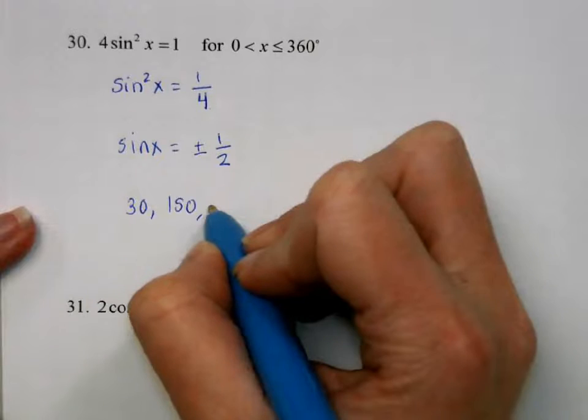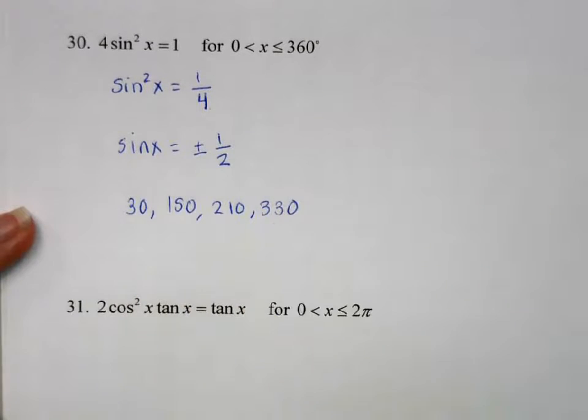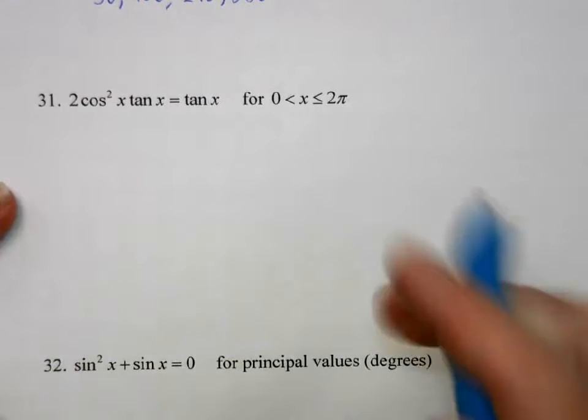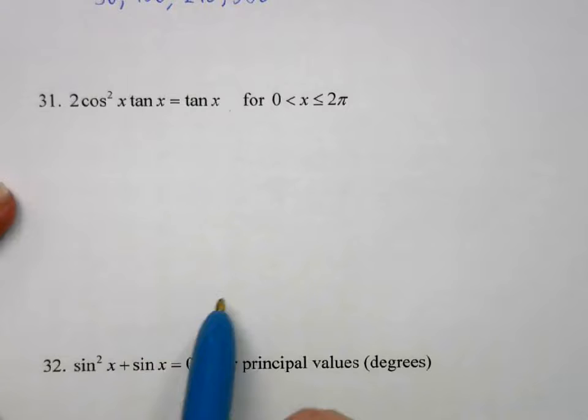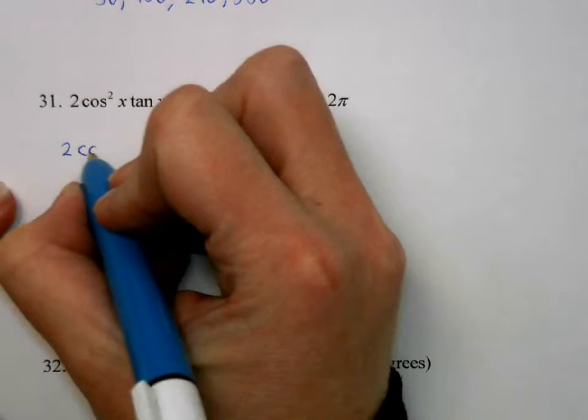For this one, you may be tempted to divide both sides by tangent, but that will potentially remove answers. So I'm going to go ahead and subtract the tangent. Then I can factor the tangent.